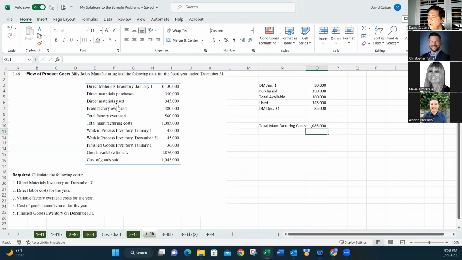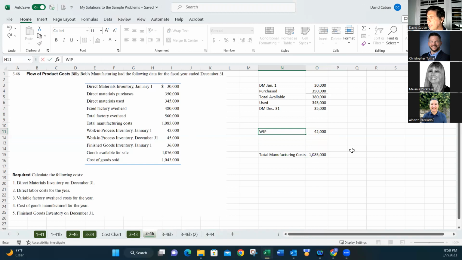So if you open the account with work in process with 42,000, right? Okay, let me put this on the bottom because this has to be the total, okay? So my work in process opened with 42,000, right? And it says that I use 345 in materials, right? So that was added to the work in process account.